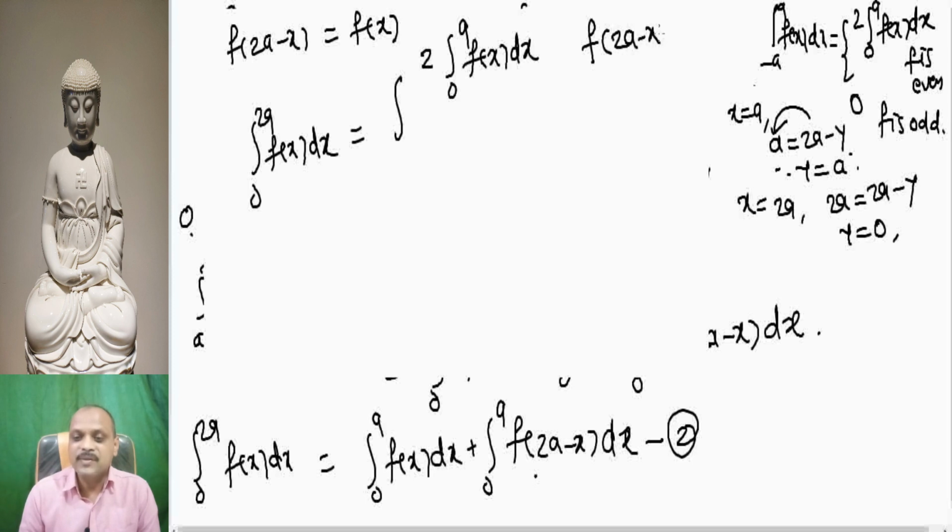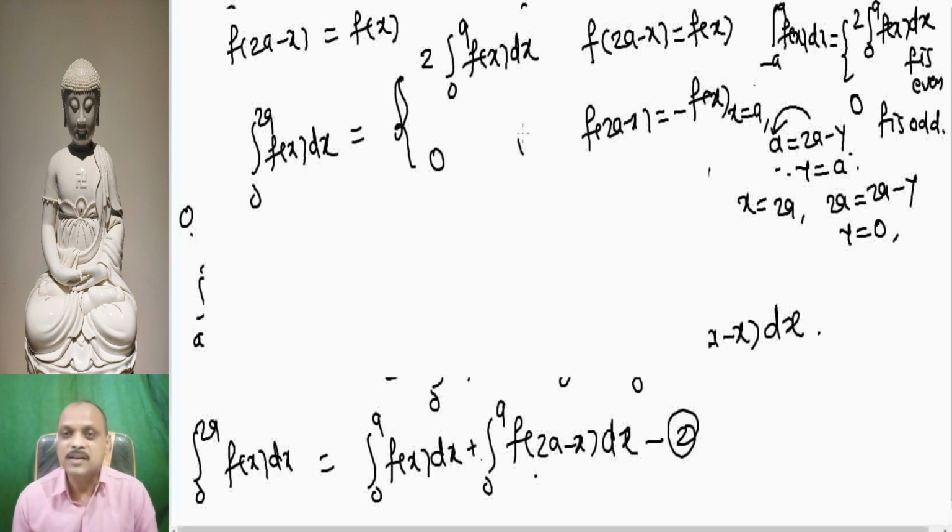Similarly, if we take f of 2a minus x equal to minus f of x, then you can see that this gives us 0, right? So this is 0 if f of 2a minus x equals minus f of x. So this is our sixth property of definite integral.